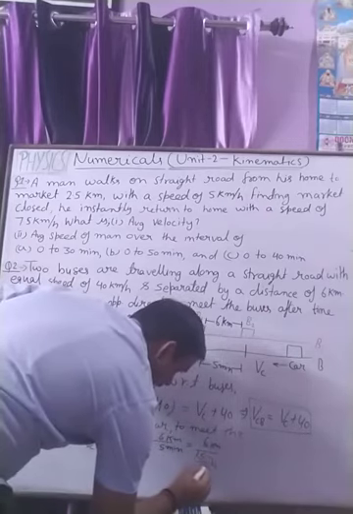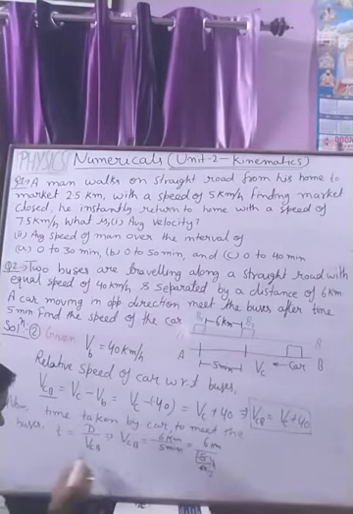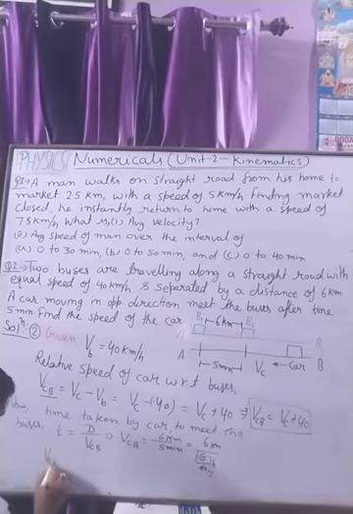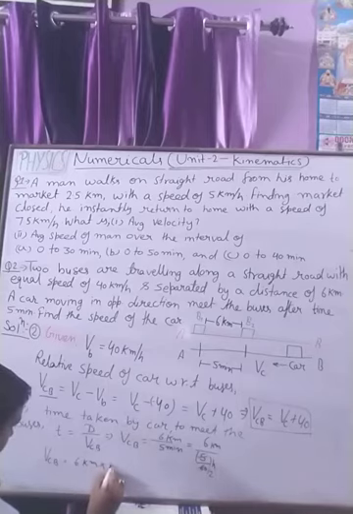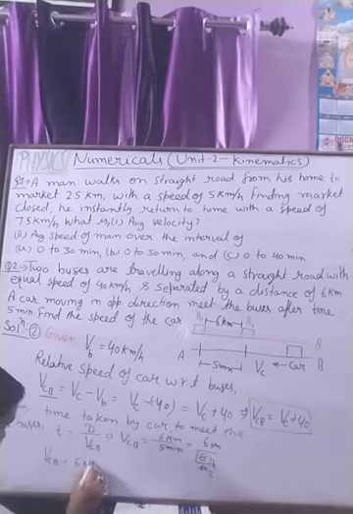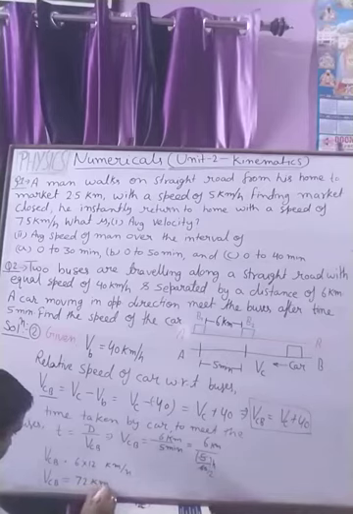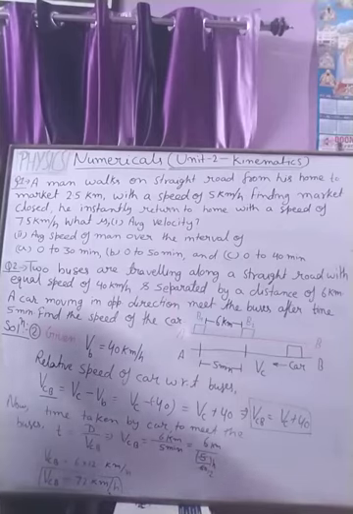Now this cancels by 12 times, so on solving we get VCB is 6 km into 12, 6 into 12 km per hour. So VCB is 72 km per hour. This is the relative speed of the car with respect to the buses.